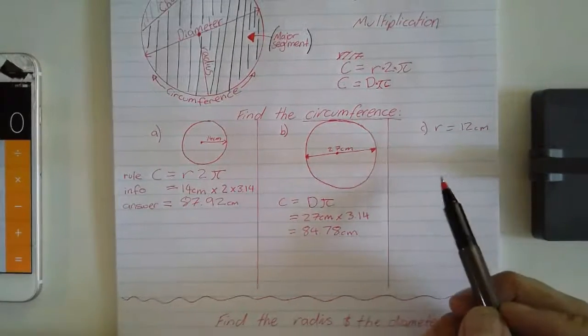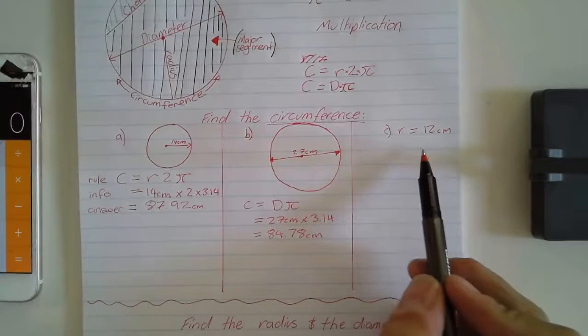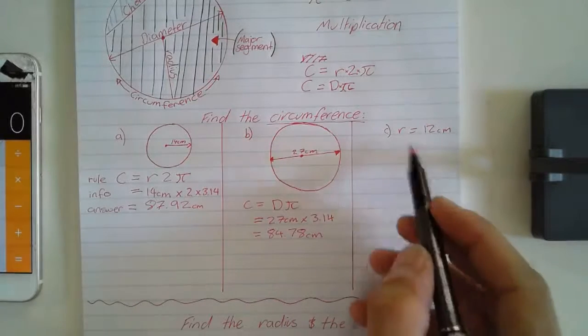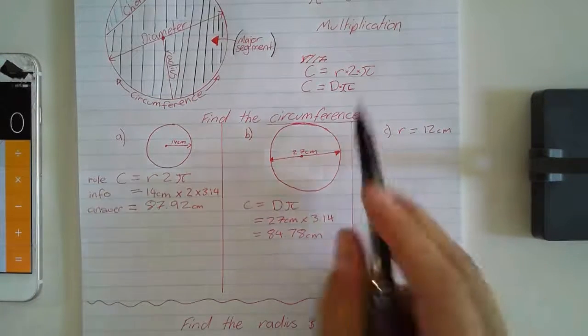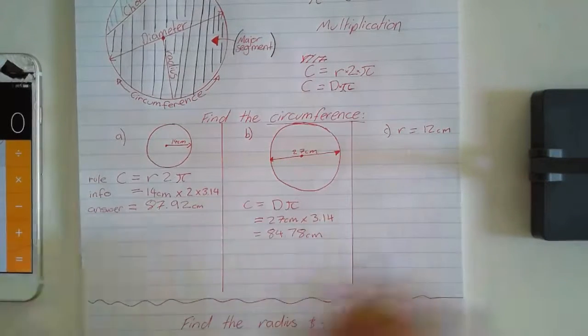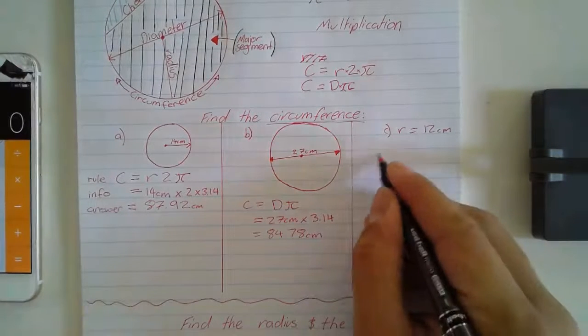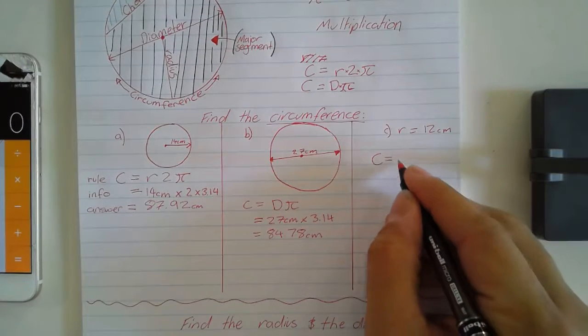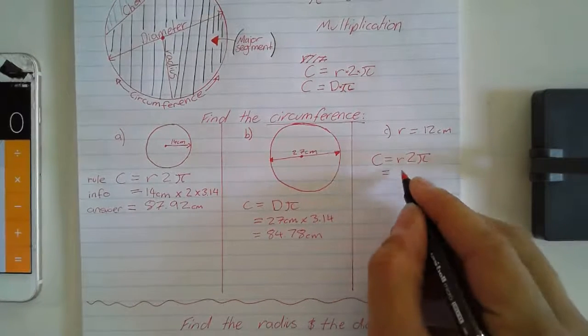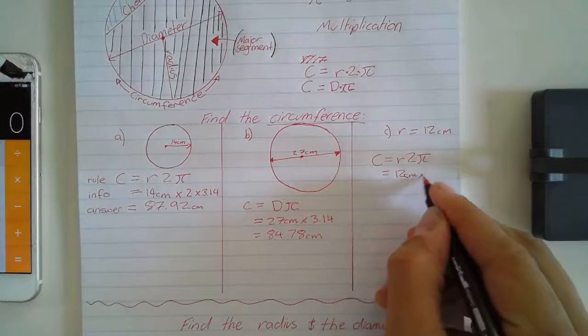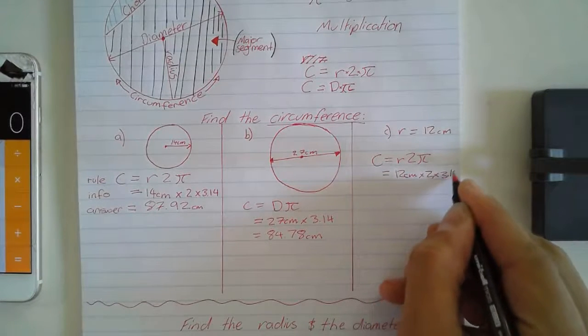This time, in this last one, I haven't given you a circle to go off. I've just said R equals 12 centimeters. Now, R, that's a dead set giveaway again. Which one am I using? I'm trying to find the circumference again. So I've got R times 2 times pi. This equals 12 centimeters times 2 times 3.14.